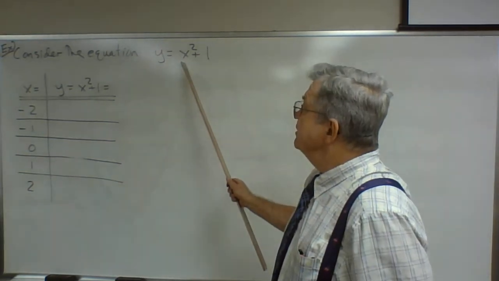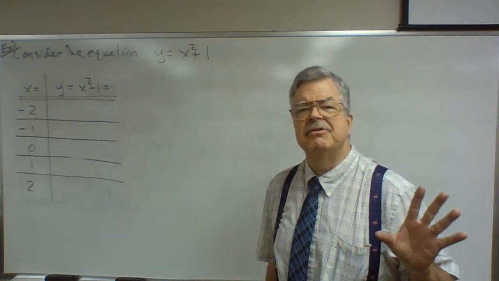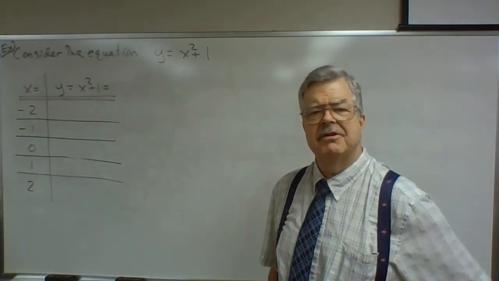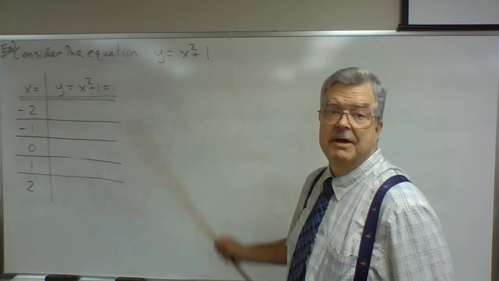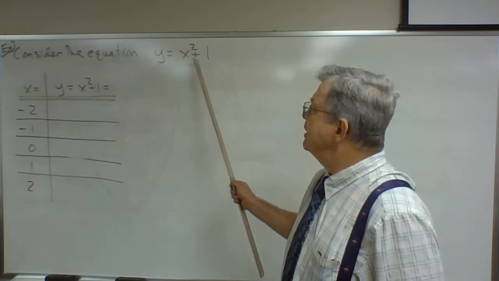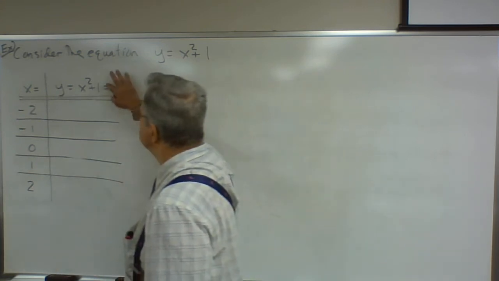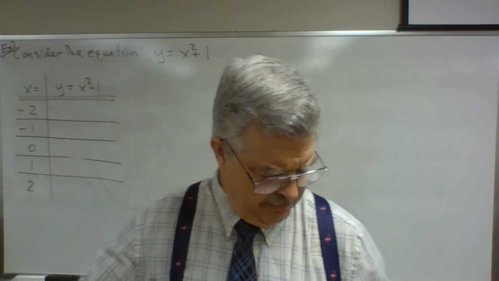This equation is almost exactly like the one we just got finished graphing. The one we just got done with was y equals x squared minus 1. This is y equals x squared plus 1. Let's graph this equation.